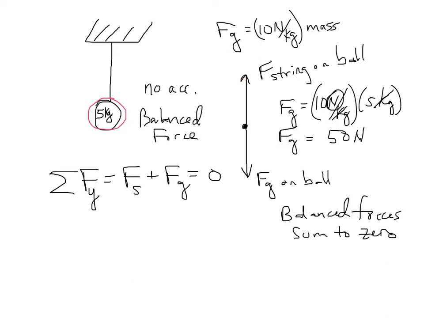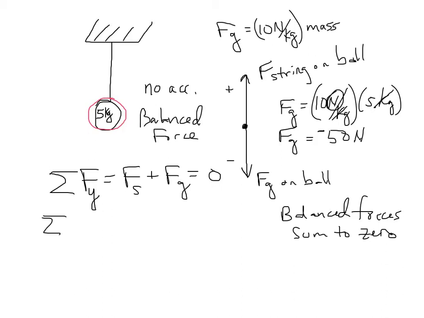So I'm going to add a negative here, because I'm going to say that down is negative and up is positive according to our diagram. Now if I take that value over to my summation, here's what that will look like.